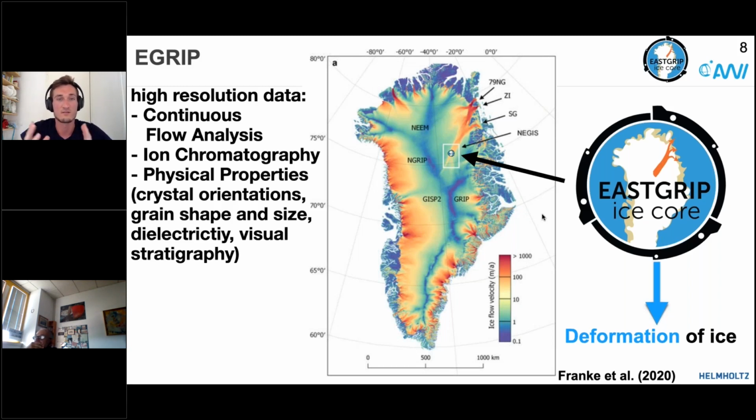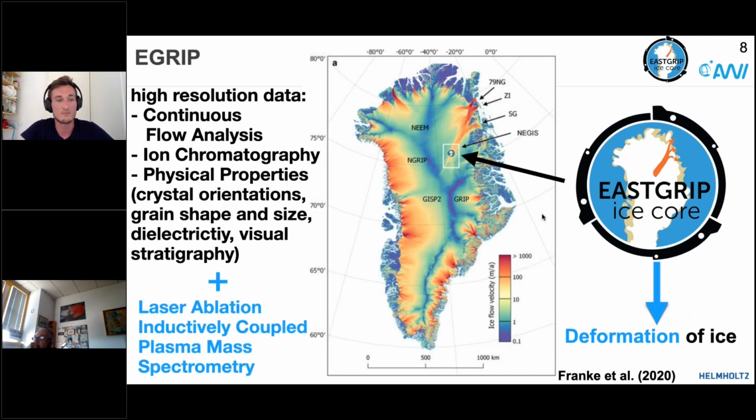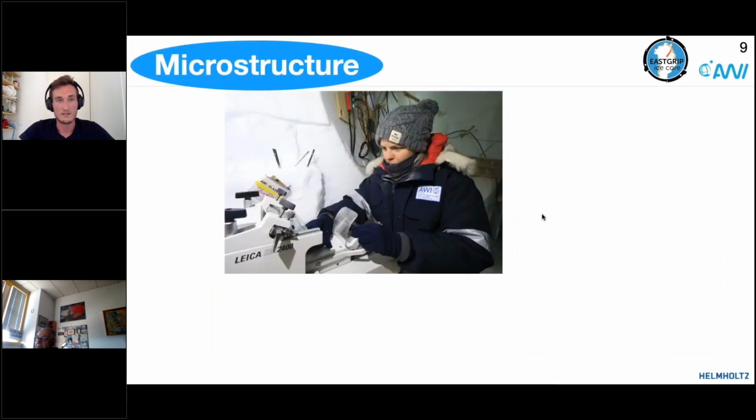So this includes the crystal orientation, grain shape, grain size data, but also dielectric properties, visual stratigraphy, and a lot more. And now we can add laser ablation data to this. So this is very new, still preliminary, but yeah, we did a pretty good job on this already, I think.